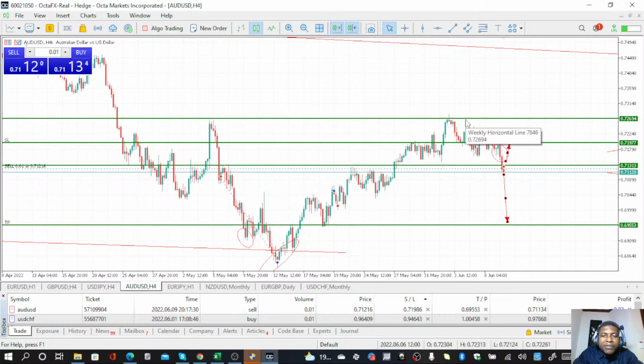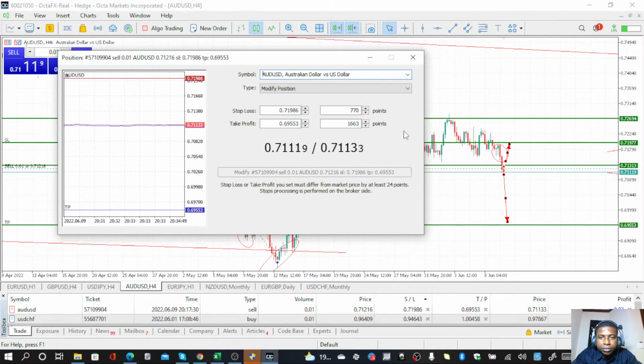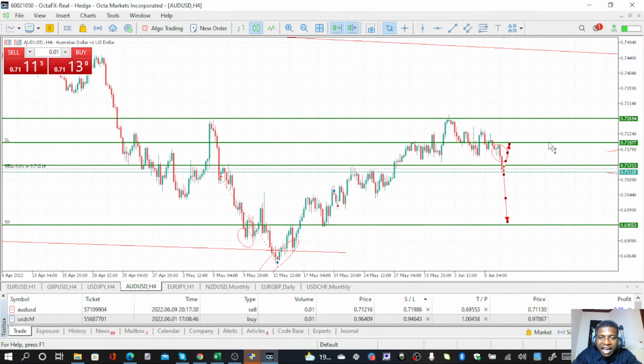You see every other line in between the major resistance and major support level is what we call the minor resistance and support level. This line here is a minor support and resistance level. It's not major.